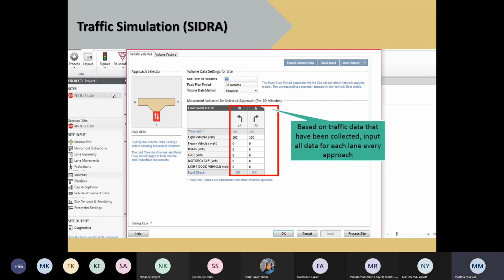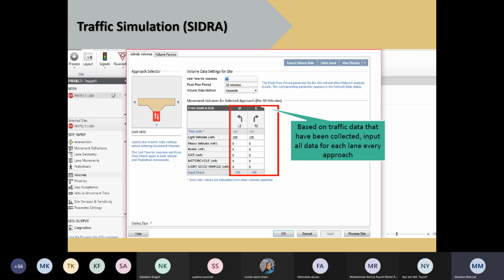So now, from the PCU per hour that we got for one junction just now, we can use it for the traffic simulation software. Usually we will use Sidra, which is the most affordable and the most common one. But now we also use other software.